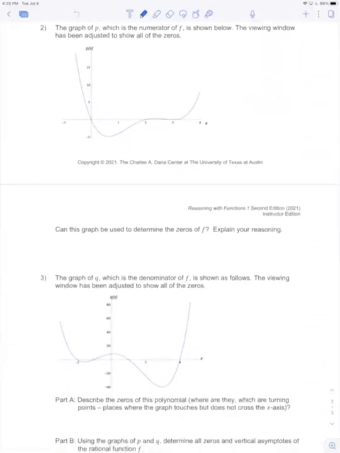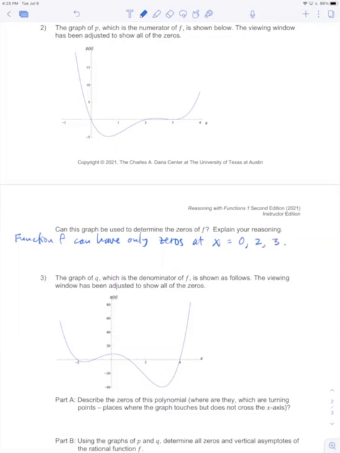Can this graph be used to determine the zeros of f? Explain. Well, the function f can have zeros only when x is equal to 0, x is equal to 2, or x is equal to 3.